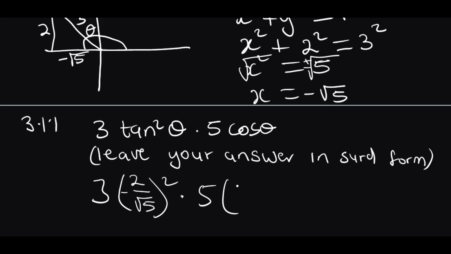Cos is negative square root of 5 over 3. Do we have squared? No, we don't have squared.